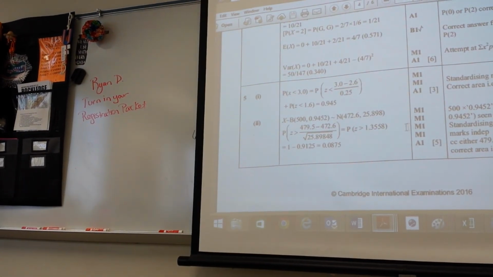But they've got binomial and normal distribution jumbled up together. I'm not sure where they're getting 472.6 from.